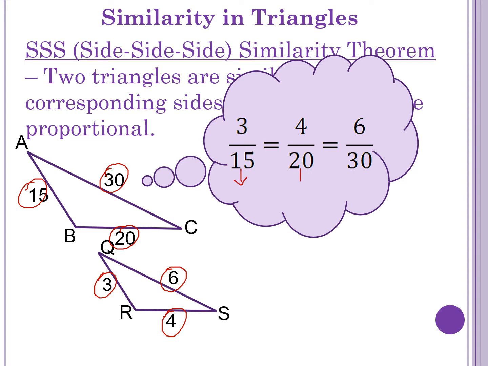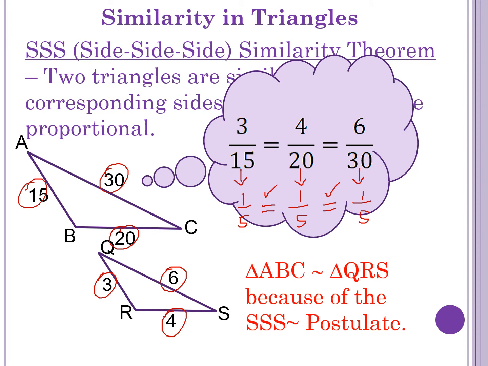If we simplify the given ratios, we have 1:5. So as you can see, the ratios of the corresponding sides are equal or the corresponding sides are proportional. Therefore, we can say that triangle ABC is similar to triangle QRS because of the SSS postulate or SSS similarity theorem.